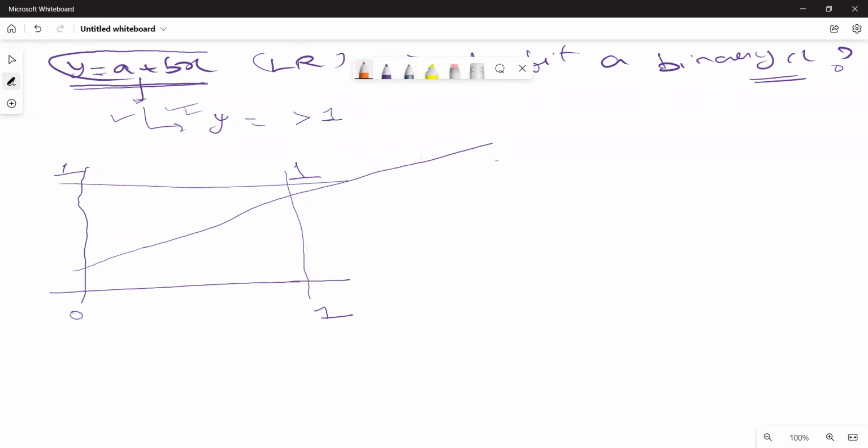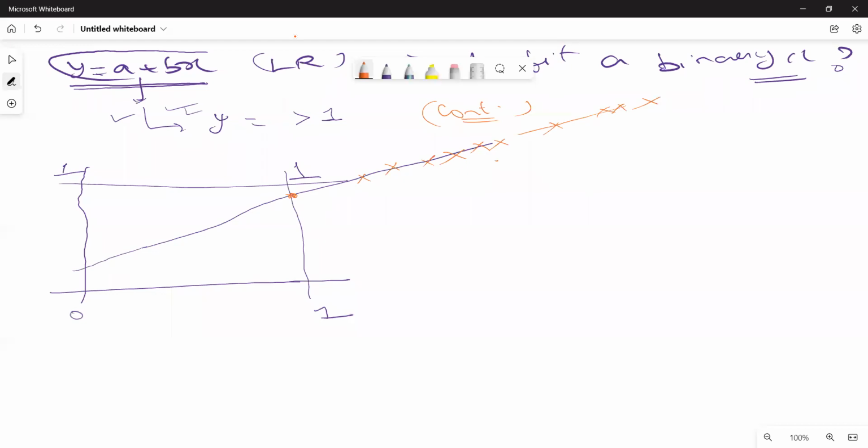So how am I going to map these values? How do you set the threshold for all these numbers? I can also have values here. This is going to be difficult because these are all continuous values, and it exceeds the limit, which is 1 here.